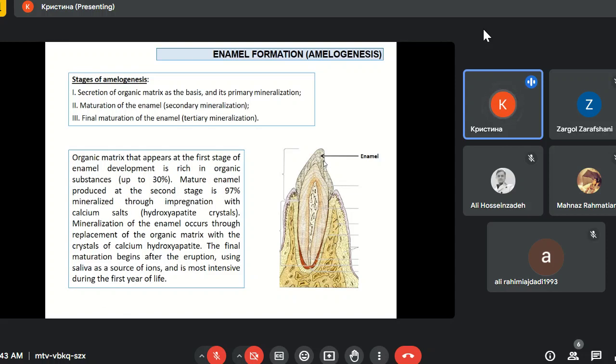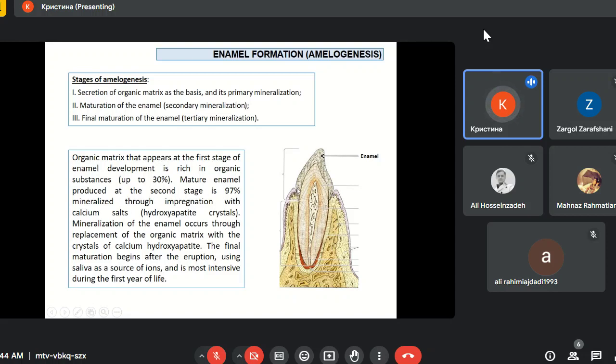In the end, the mature enamel will contain up to 97–98% of hydroxyapatite crystals. So enamel will cover the crown of the mature tooth, and in its structure we will see the S-shaped enamel rods, these lines which go from the dentin enamel junction to the surface of enamel. So all enamel in the end consists of these enamel rods.